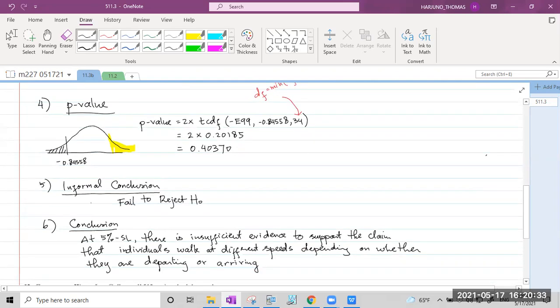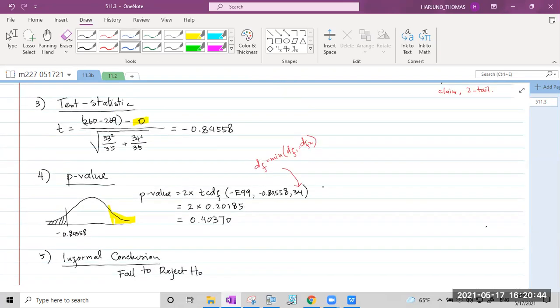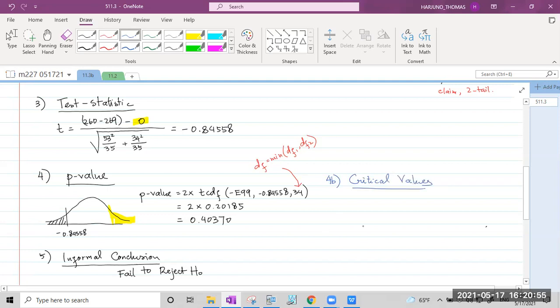Let me put some lines here to show that that's the cutoff from the next question. For extra points, what is the test critical value? It's two-tailed, so you must have two critical values. It's the T critical. 5% divided into two tails, so each of them is, I'm sorry, 2.5%.